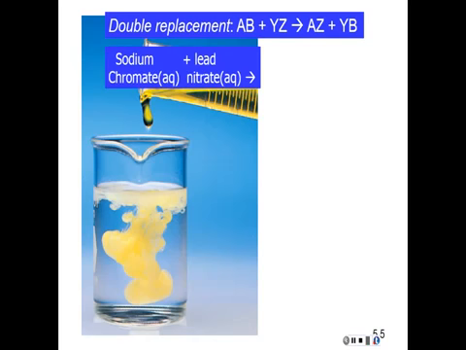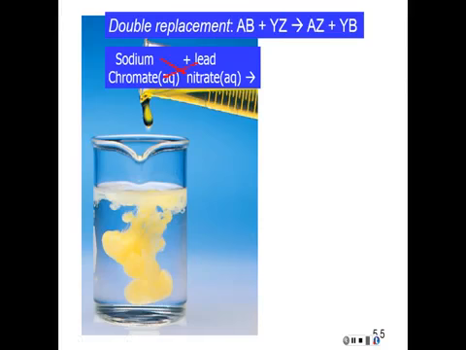And here's my example. So I'm adding 2 solutions together. One solution contains sodium chromate, and that's actually coming from this graduated cylinder. It's a yellow solution. And in the beaker, I have some lead nitrate solution, which is really clear. And the instant you put them together, you get this yellow-looking solid that's formed, and that's my product.